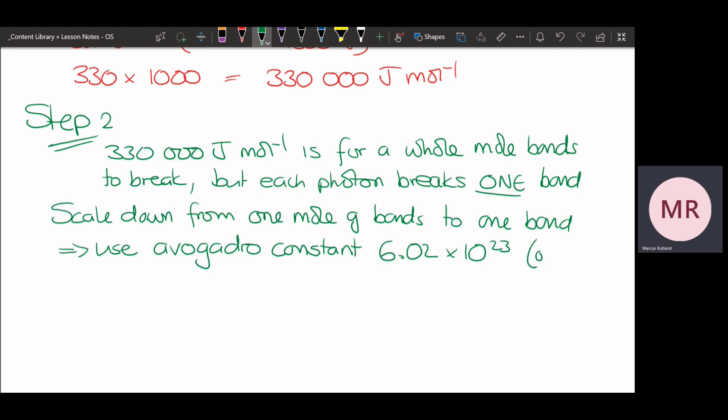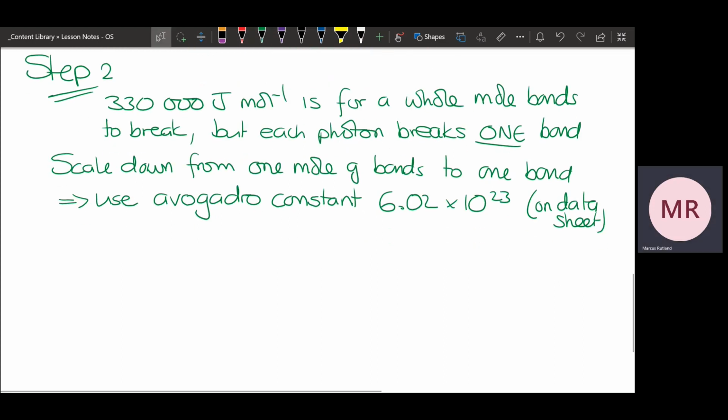And that's on the data sheet. So if we want to scale down from a whole mole to just 1 bond, we're going to take our 330,000 joules that it would take to break a whole mole of bonds and divide by how many bonds there are in that mole of bonds.